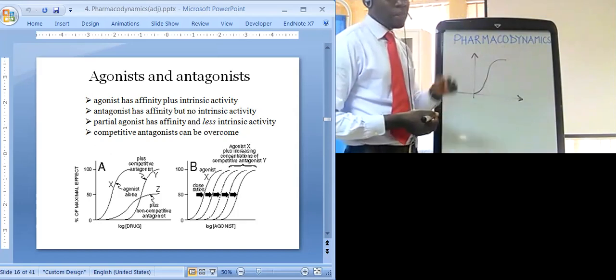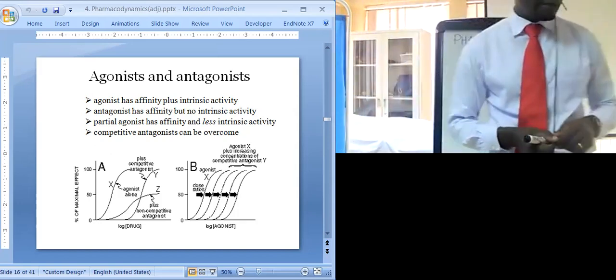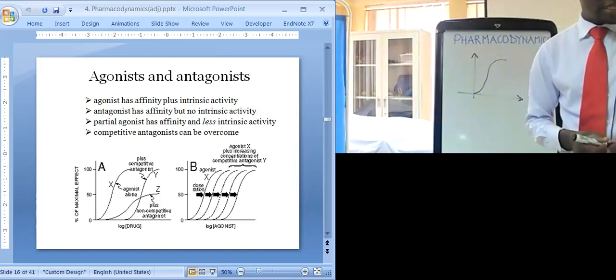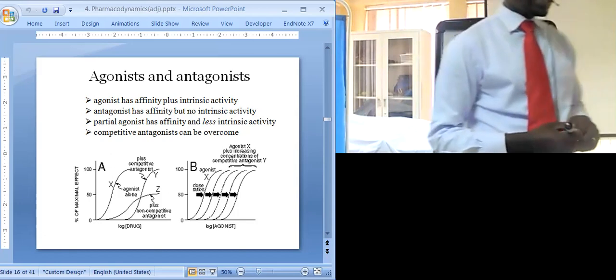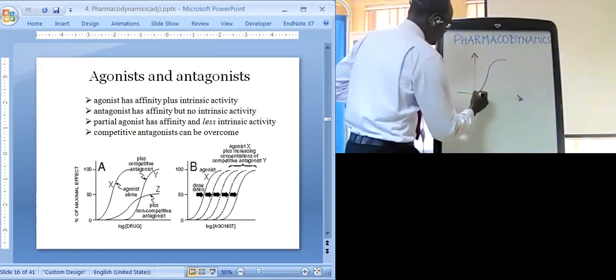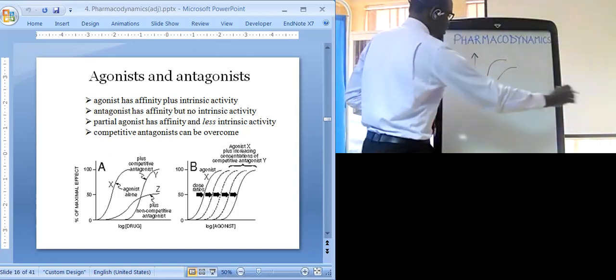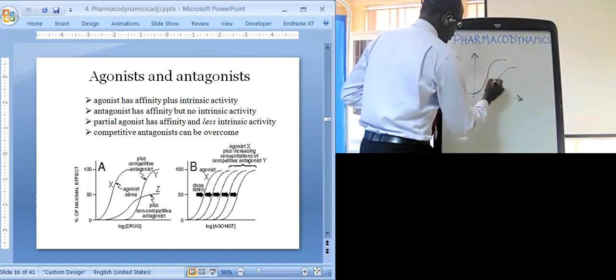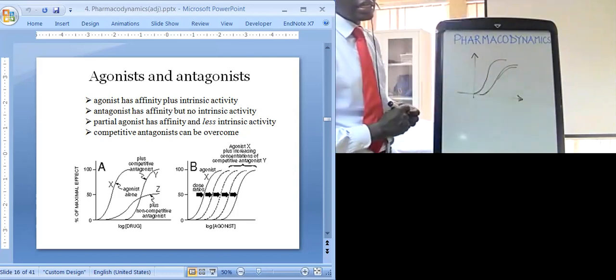And so if we give an agonist X, it basically means that the drug will be shifted to what we call the right. So it is shifted to the right, as you can see in that diagram.